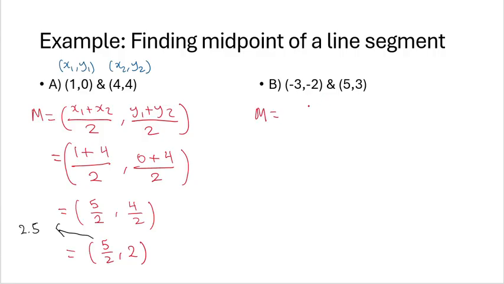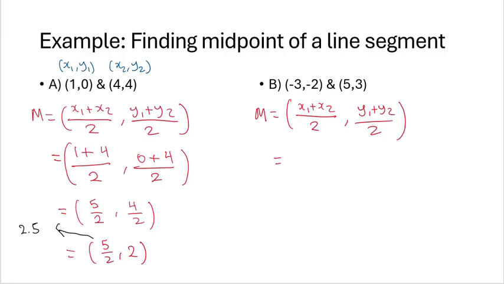So M equals x1 plus x2 over 2, and then y1 plus y2 over 2. Don't worry if your brackets are not at the same level. Ideally you want them the same, but if one's a bit off, it's perfectly fine. We understand what you're doing. As long as you have this formula out, all you have to worry about is substituting and simplifying it down.